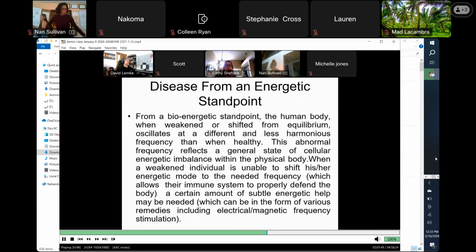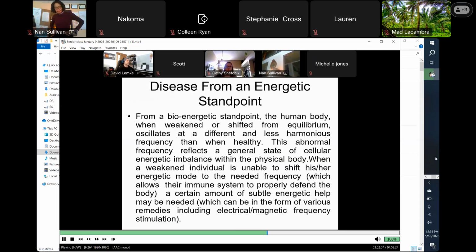From a bioenergetic standpoint, the human body, when weakened or shifted from equilibrium, oscillates at a different and less harmonious frequency than when healthy.